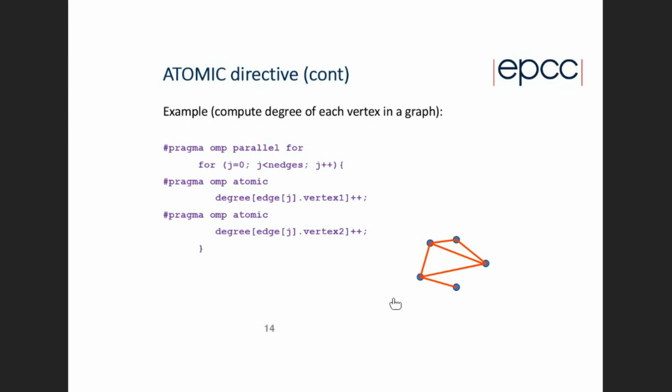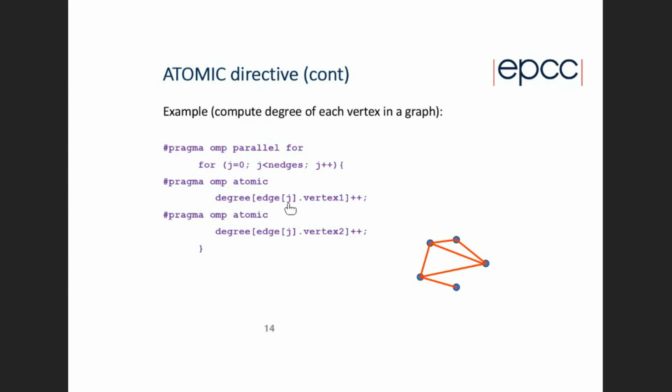So the computation I'm going to do is I'm going to have a loop that runs over all the edges in the graph, and I'm then going to add 1 to the degree count for the vertex at either end of that edge. So here's my loop. Loop over all the edges.